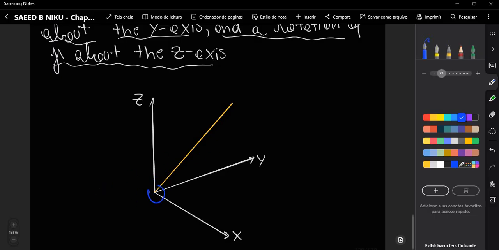So this coordinate system F, X, Y, Z is a reference frame, but at the same time a coordinate system. And on the end of this vector, which is an analogy to a robot arm and vice versa.